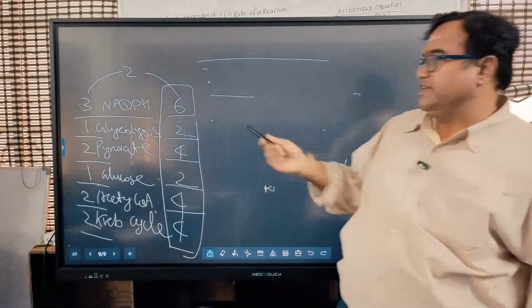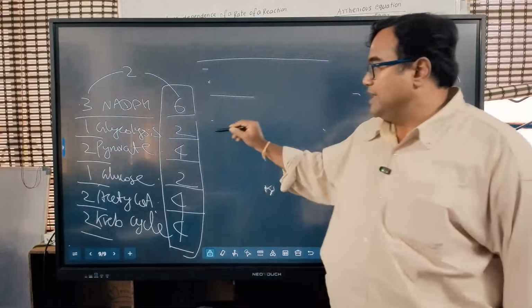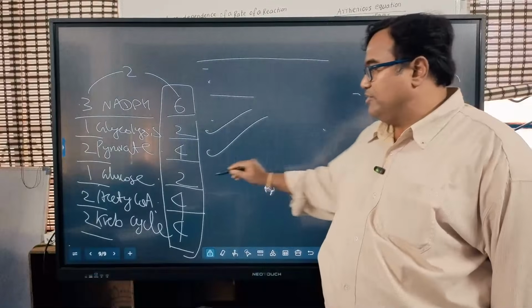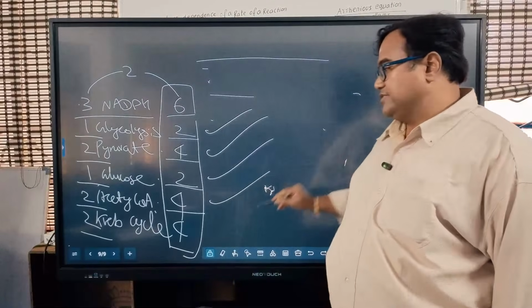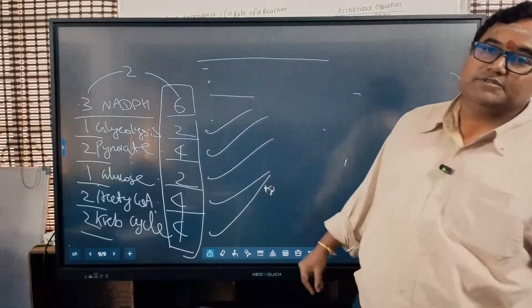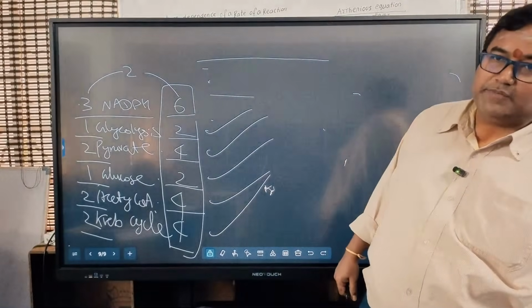For 6 NADPH, how many glycolysis? 2 glycolysis. How many pyruvate? 4 pyruvate. How many glucose? 2 glucose. How many acetyl-CoA? 4 acetyl-CoA. How many Krebs cycles? 4 Krebs cycles. Right? Have you completed this?